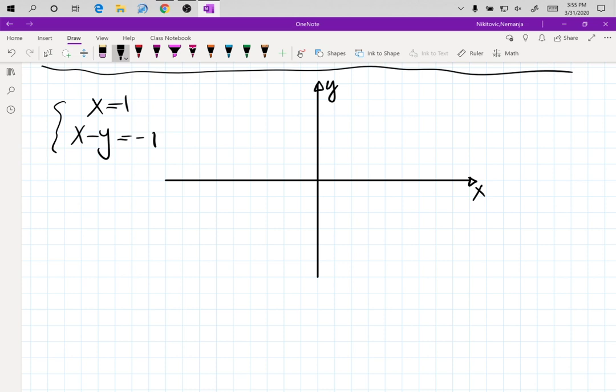X equals 1. It's a vertical line, right?